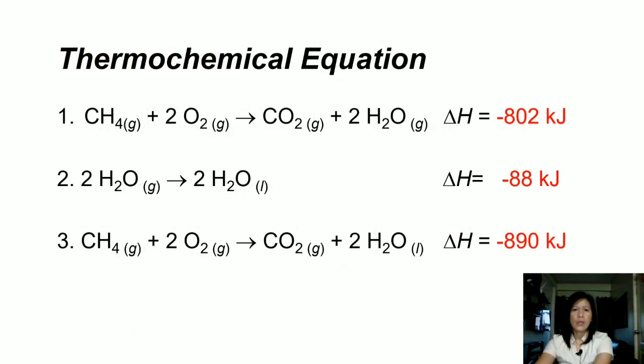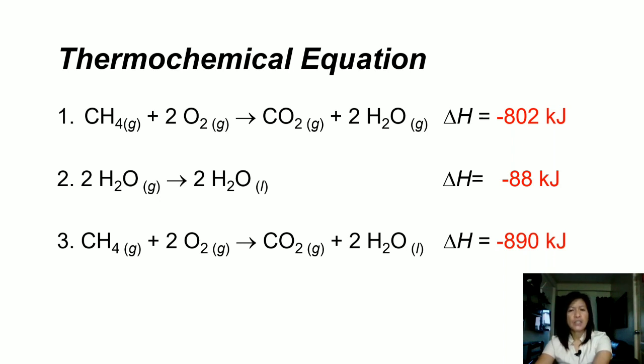The following are thermochemical equations which may correspond to a chemical reaction. These are sample representations of the reactions. We have negative 802 kilojoule, meaning energy is lost by the system.